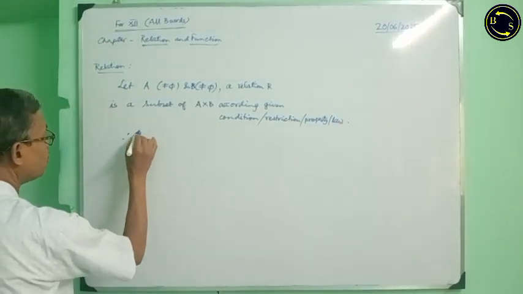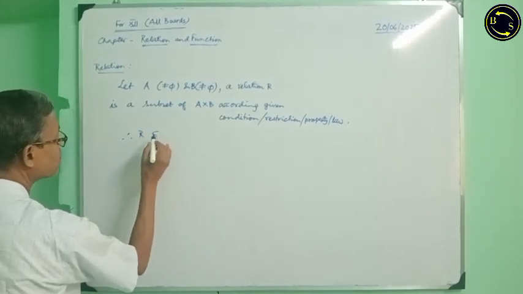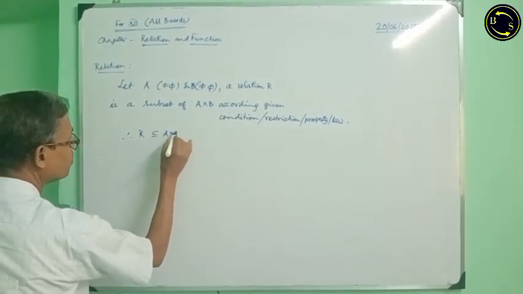Now, in symbol, R is a subset of A cross B.